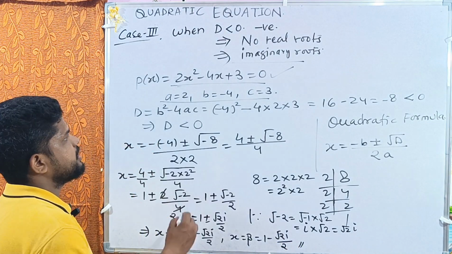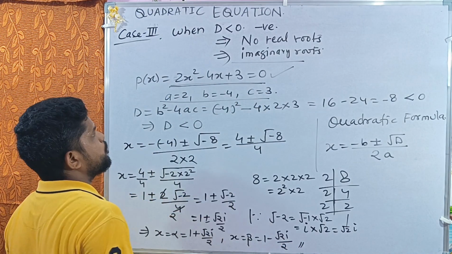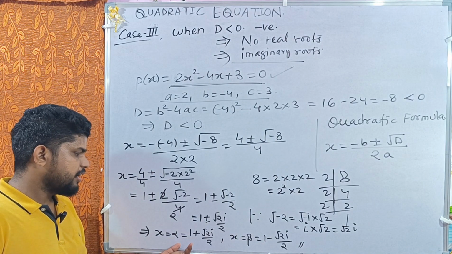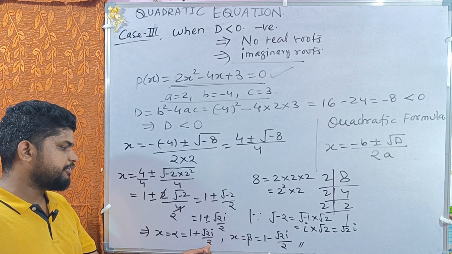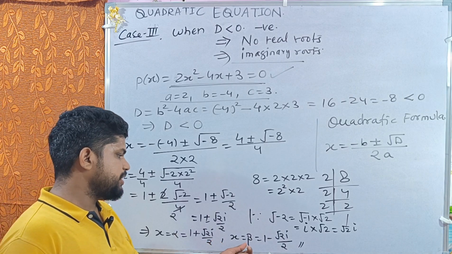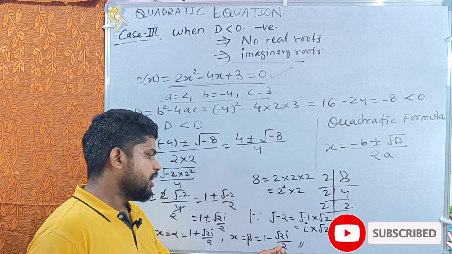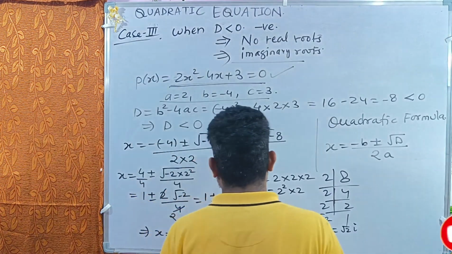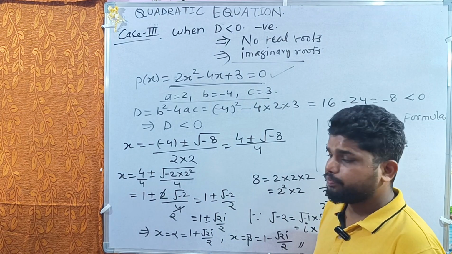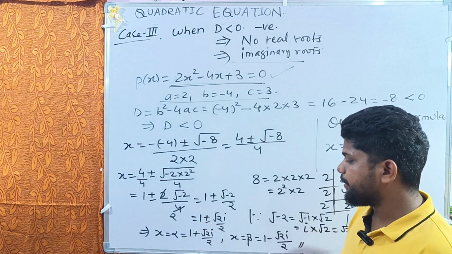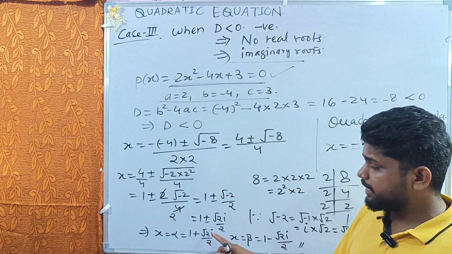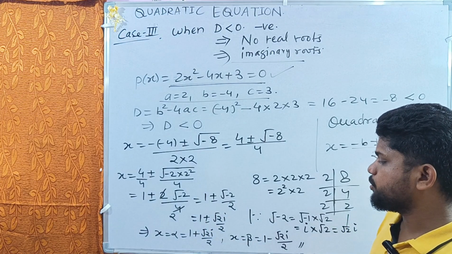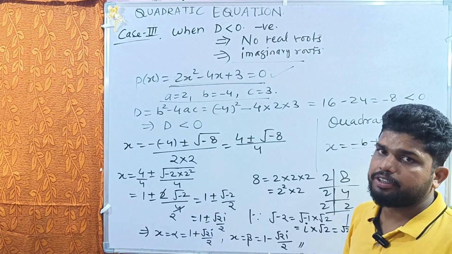So for this quadratic equation 2x square minus 4x plus 3, we have got alpha equals 1 plus root 2 iota divided by 2, and beta equals 1 minus root 2 iota divided by 2. These are the two imaginary roots, called imaginary because iota is attached to them.